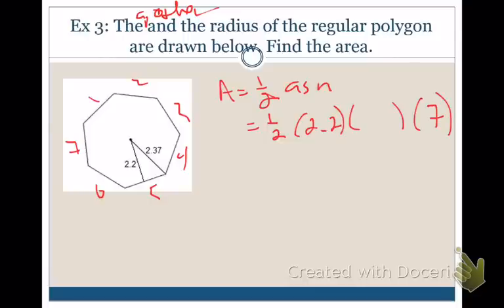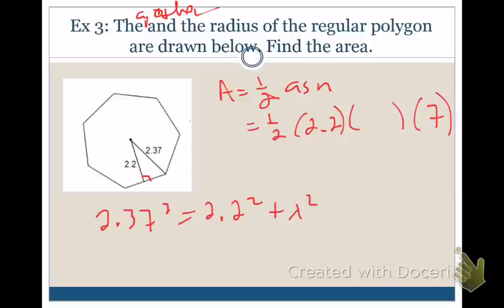Well, we're back to doing Pythagorean theorem again. It's just like we were doing 2 examples ago. Okay? So we're going to set it up so that 2.37 is the hypotenuse, 2.2 is a leg, and we'll do x squared because we know that we're going to have to double this to get the side length.